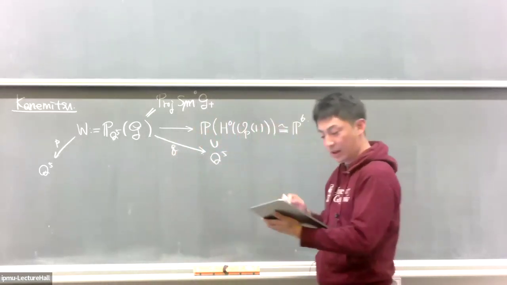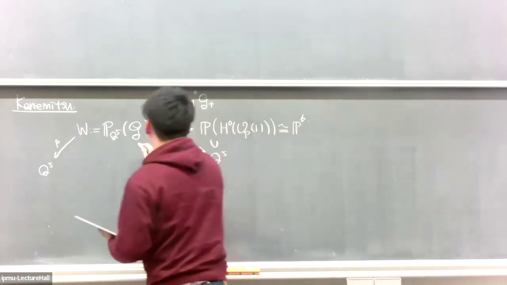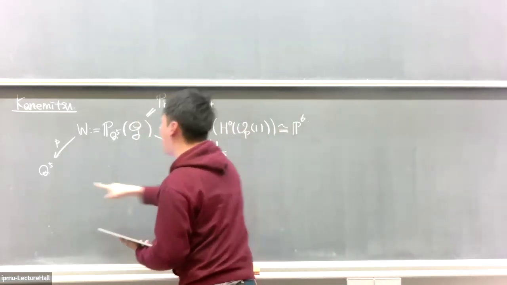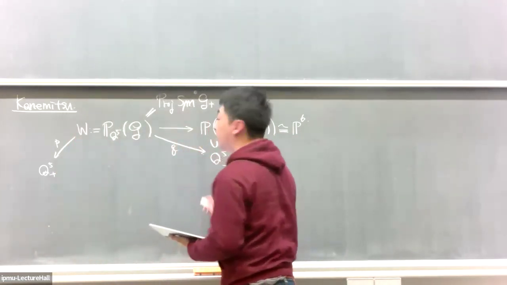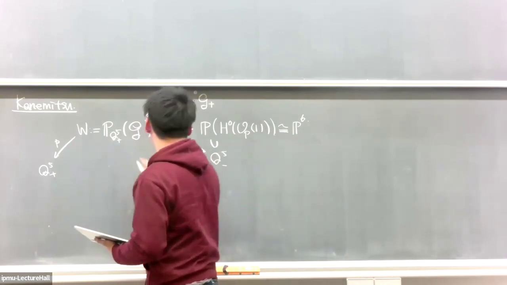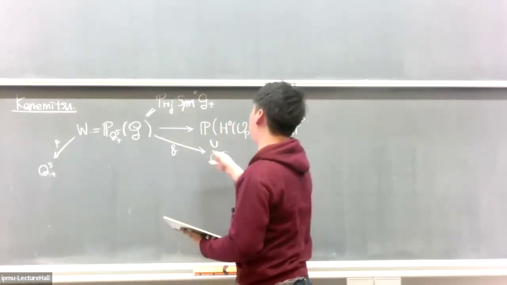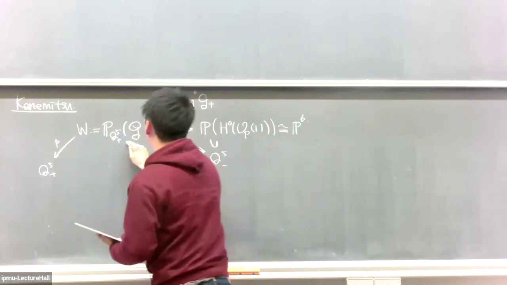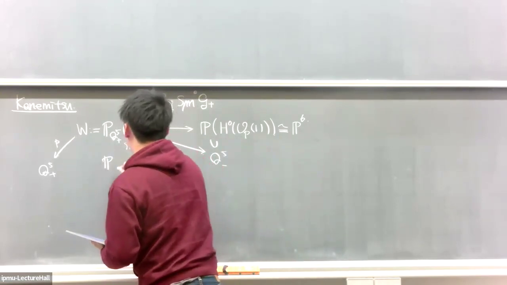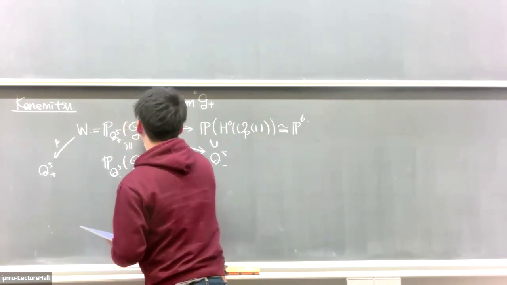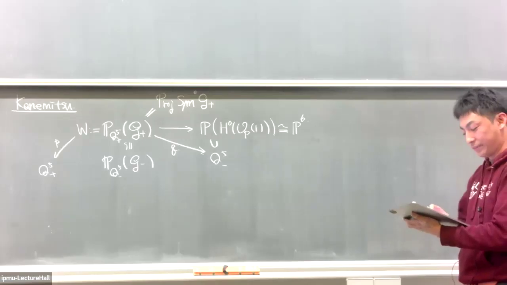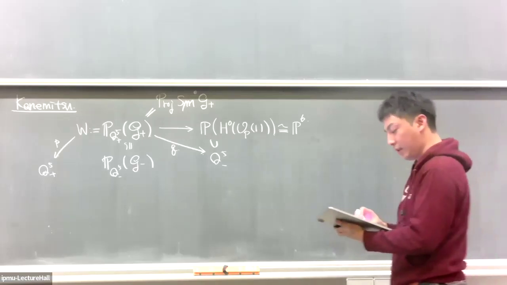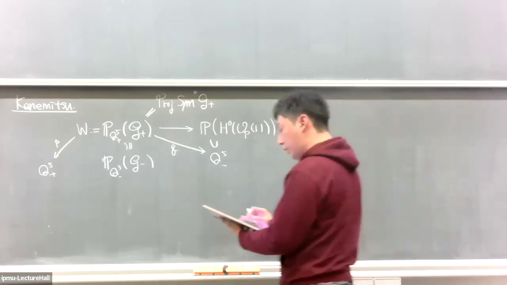Under this projection, we have two projections. Say the first one is to Q plus, and the second one is to Q minus, and by this projectivization, this is isomorphic to the projectivization of some Ottaviani bundle on this other quadric.